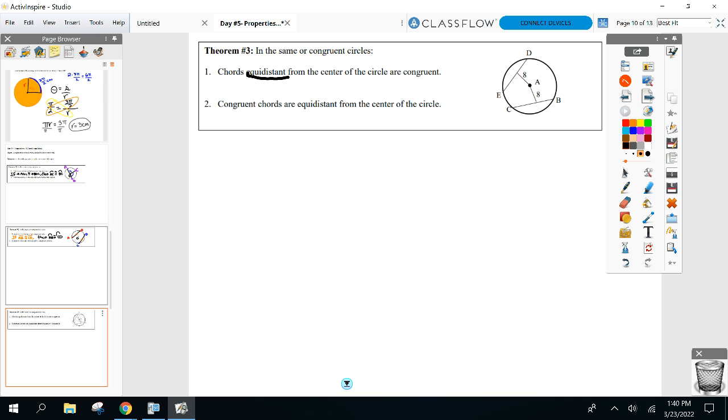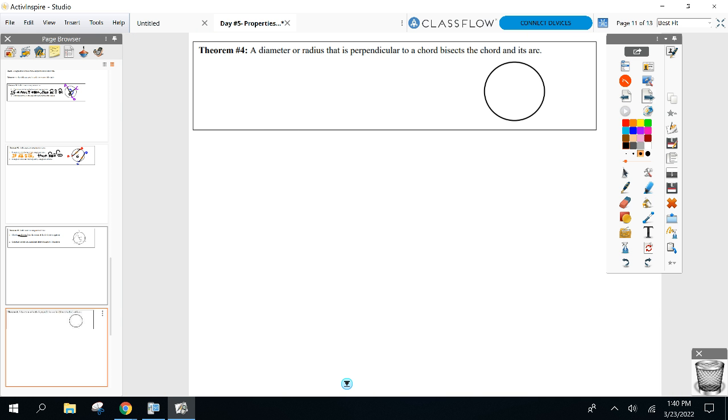Probably the most important one we're going to do today. I left it blank there too. Everyone draw circle O again. Circle O. Diameter AB. Chord CD that looks perpendicular to diameter AB.